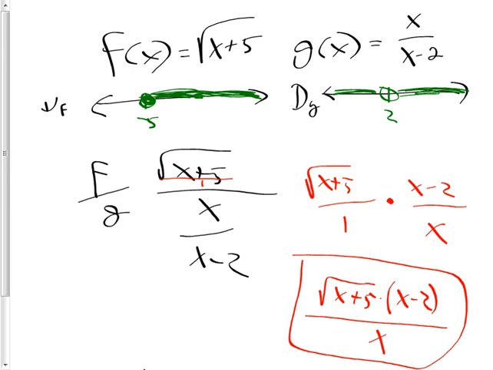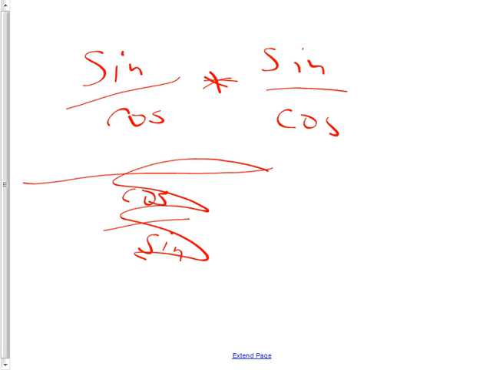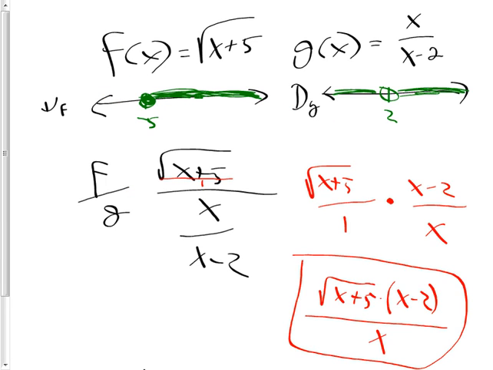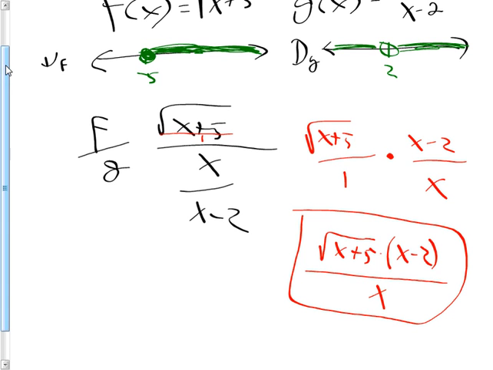Get used to it. Okay, so if I were to do f over g's domain now, that's got 3 parts to it. It's got 3 number lines you have to overlap. Do you remember this? You've got the 2 parent ones, df and dg. But with divide, you have a 3rd number line to watch out for.